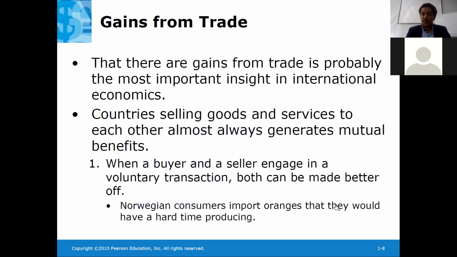When we say mutual benefit, trade benefits both parties involved. If one is importing and the other is exporting, both are benefited from international trade. When a buyer and a seller engage in a voluntary transaction, both can be made better off.